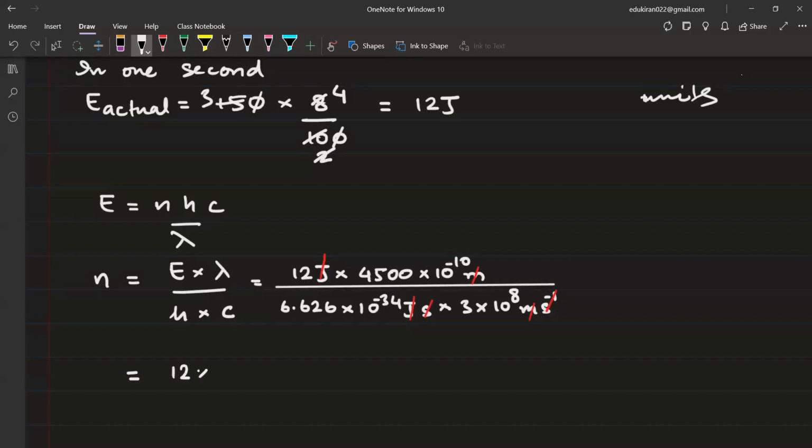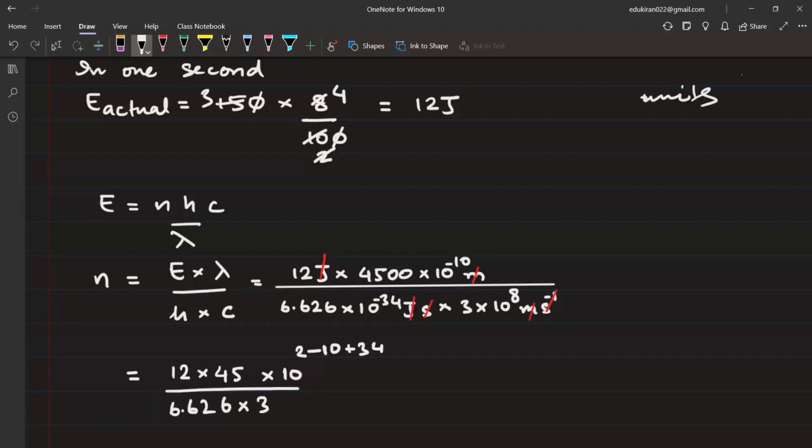So we'll have 12 into 45 into 10 to the power 2, right? 10 to the power 2, because here we have 100, minus 10. Because 10 to the power minus 10 divided by 6.626 into 10 to the power minus 34, it will go above, it will become plus 34, right? Then we have into 3.